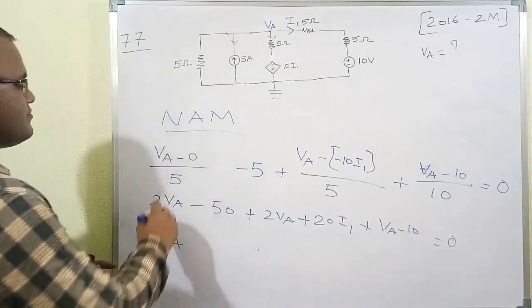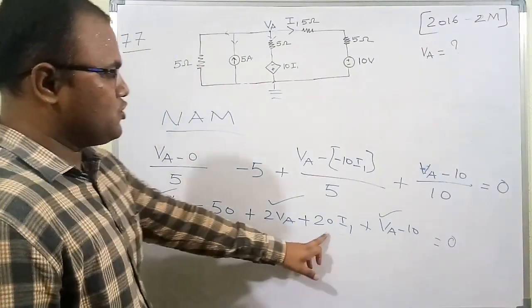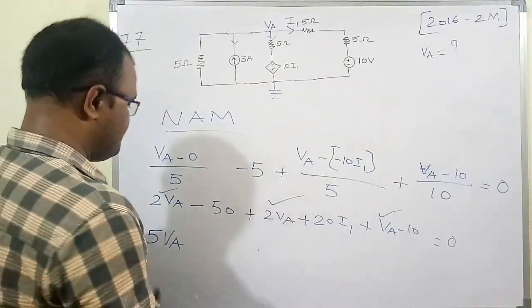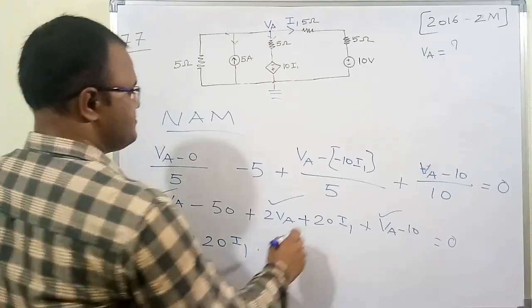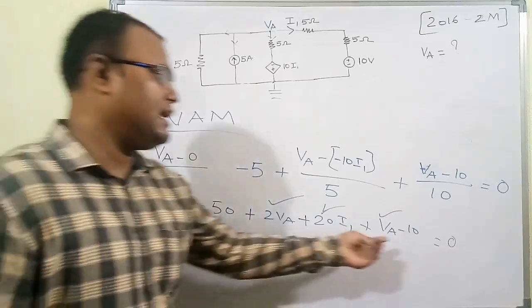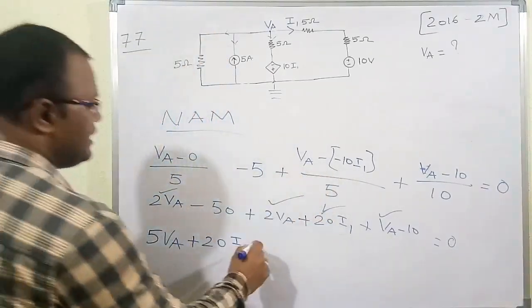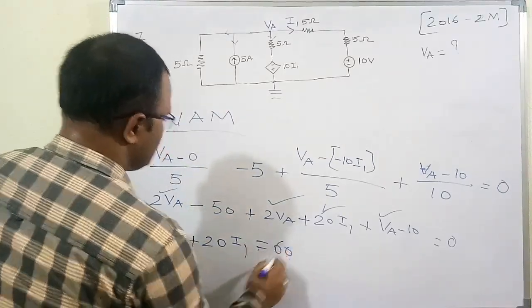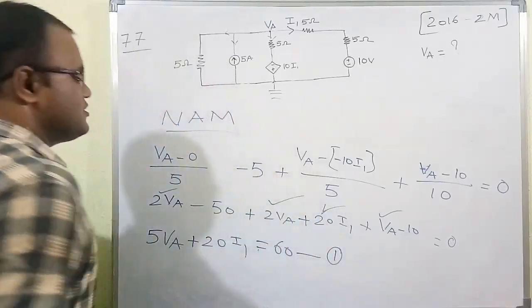Then 20 I1 plus 20 I1 plus 20 I1, and the remaining things are minus 50 and minus 10, so it will become minus 60. If I take it to the right side, it will become plus 60. So this is our first equation.